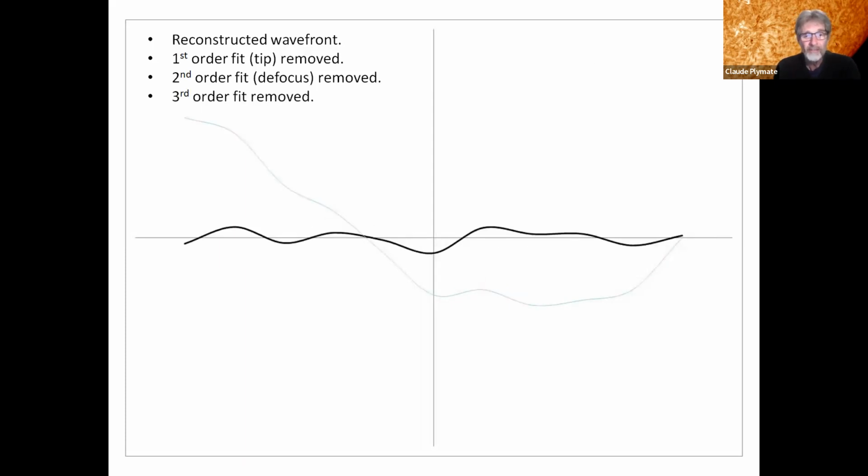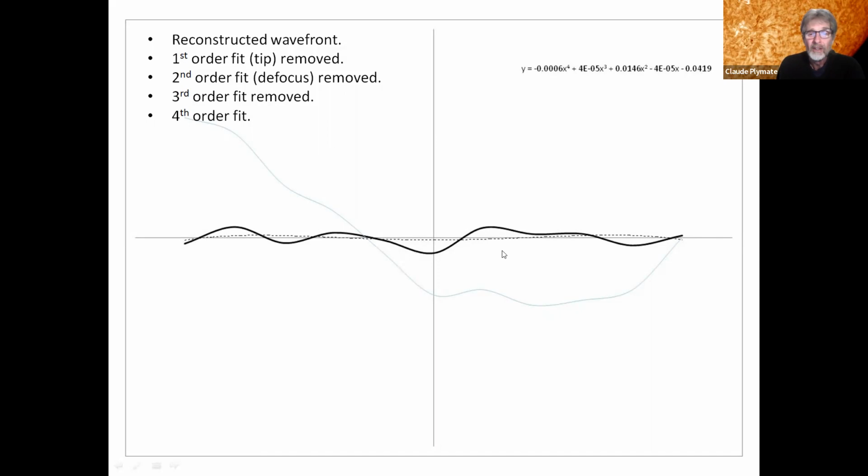And you can see very quickly that we can get to a point of diminishing returns rather quickly in this. And here we are with just a fourth order fit taken out, and you can see the dramatic improvement.